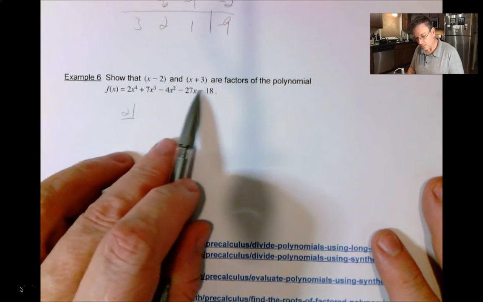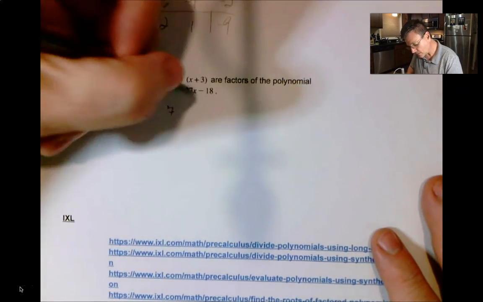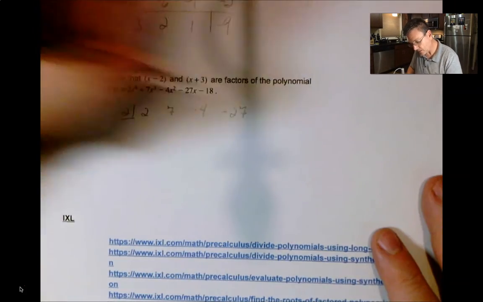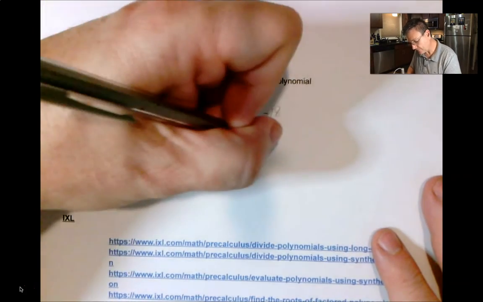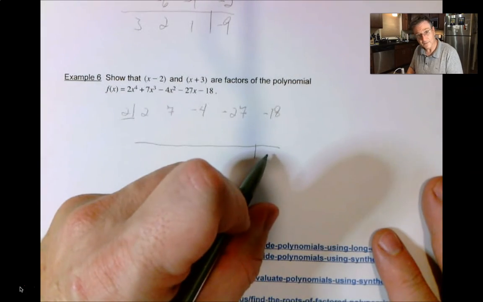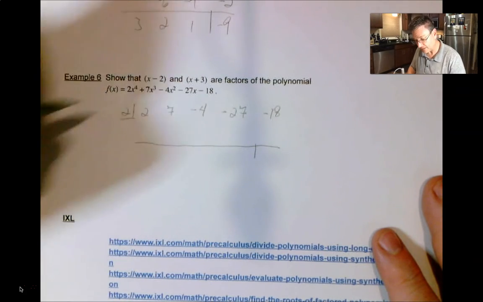4, 3, 2, 1, 0. We don't need any placeholders, so 2, 7, negative 4, negative 27, negative 18. Hoping to get a 0 here. If I get a 0 here, I have shown that x minus 2 is a factor.